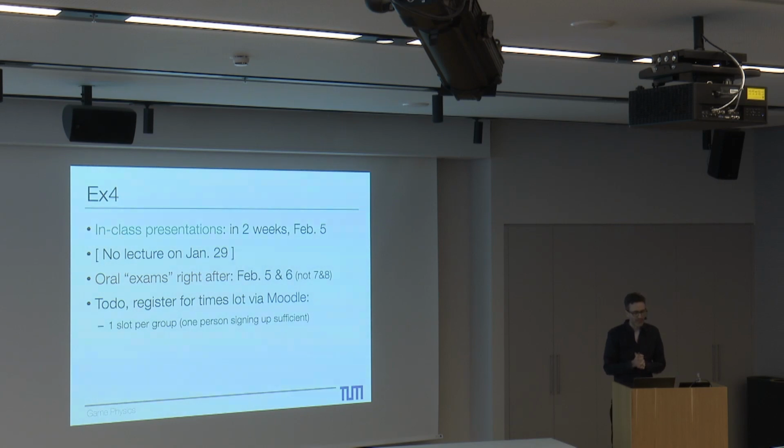So we have 1 slot per group, right? If you have multiple people in your group, not everybody individually needs to sign up. You just need 1 slot per group. And we will group these because attendance of these in the past has varied quite a bit. So we typically do have 2-hour slots, ideally come sometime around the beginning of that.